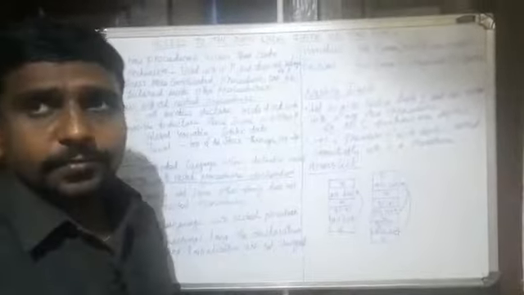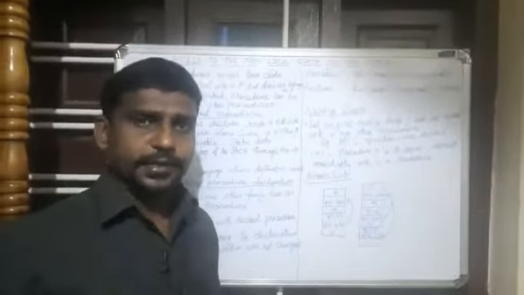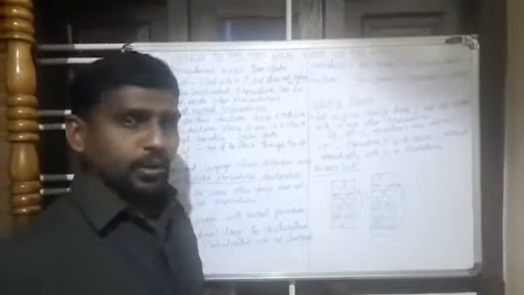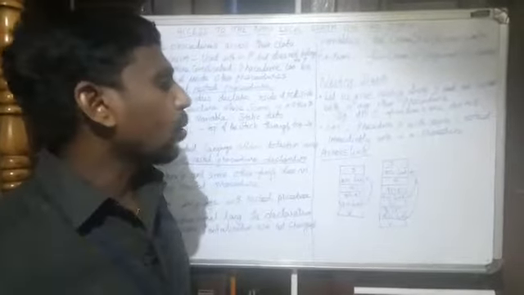So let's see accessing the non-local data. The main purpose is how a procedure accesses its data. That is what I told you: how one procedure accesses data in another procedure.